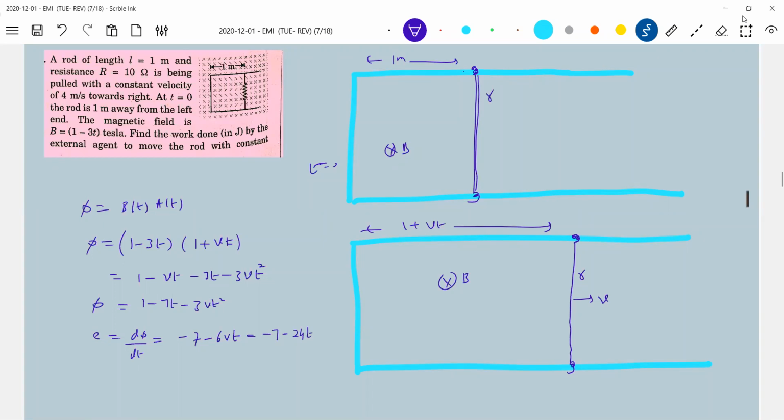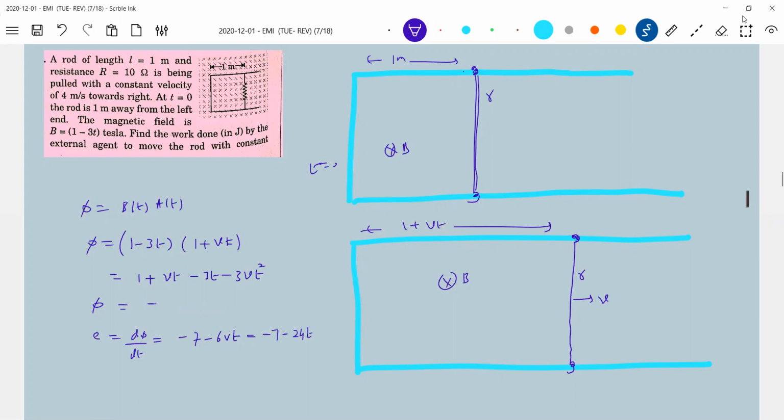Oh, okay, this one here. That is plus V, sir. Okay, wait. 1 plus Vt minus 3t, 4t. Okay, this will be only plus t.